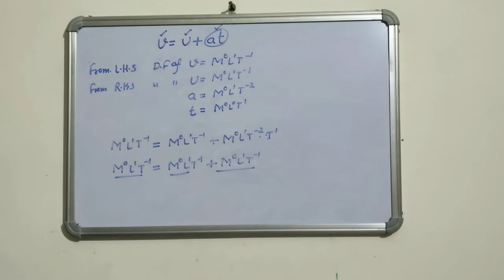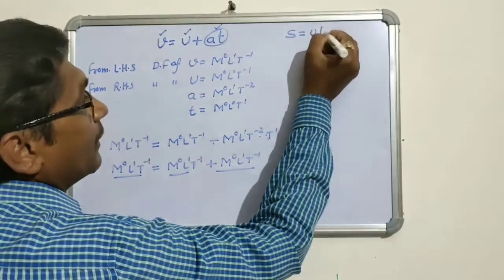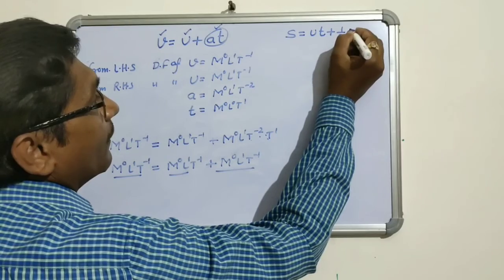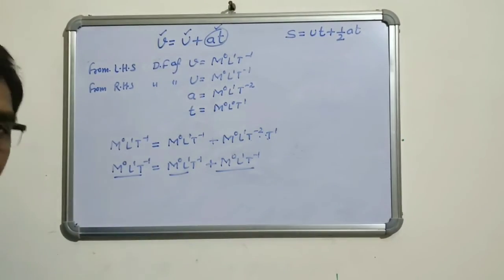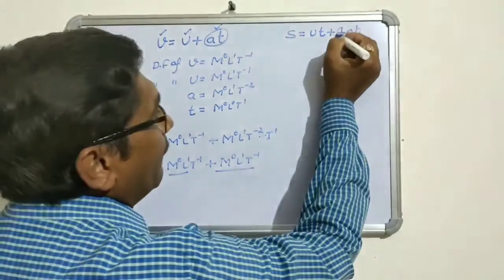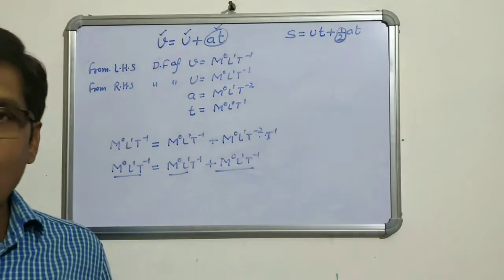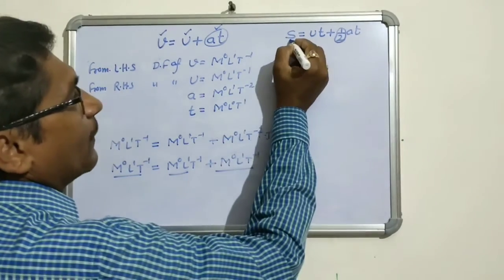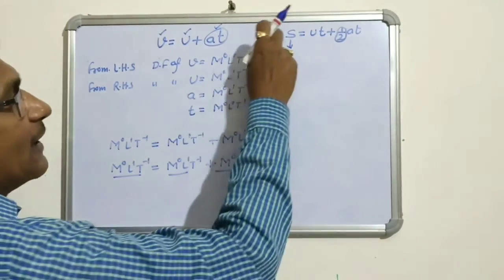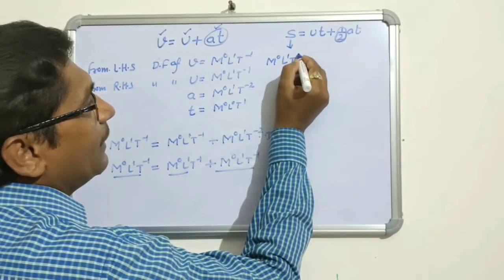Suppose we take another example in which the expression is not correct. For example, S equals ut plus half at. Suppose this is the expression. Now we check whether it is right or wrong. Half doesn't have any dimensional formula, because a numerical value doesn't have any dimensional formula. From the left hand side, the dimensional formula of S, a distance, is M0 L1 T0.